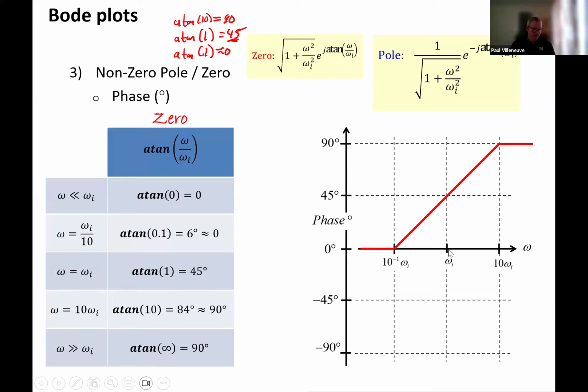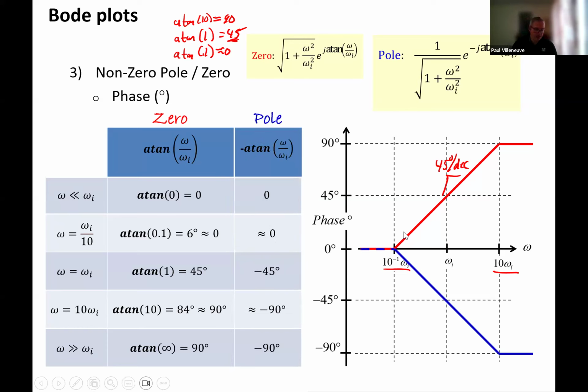Here's our break frequency, omega sub i. If it's a zero, it contributes a positive 45 degrees per decade. It starts at 1/10 the break frequency and ends at 10 times the break frequency. And if it's a pole, then we go down at 45 degrees per decade.